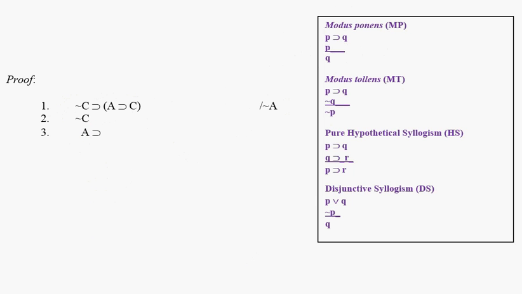I copied and pasted the horseshoe, and so if A then C follows by applying the rule modus ponens to lines 1 and 2. So we do need to cite 1 and 2 as the lines that we've used, and then we abbreviate modus ponens by MP. Okay, so I've derived or deduced another premise, which is 3.